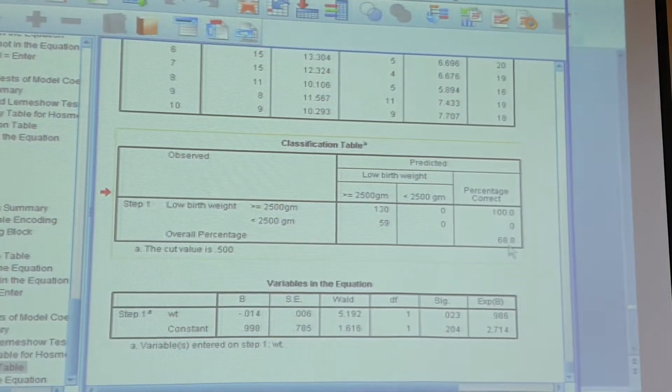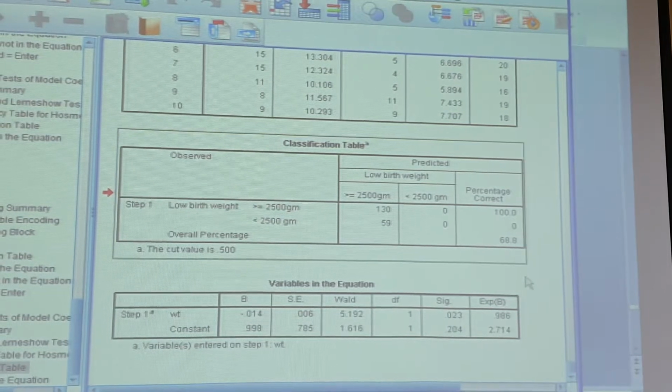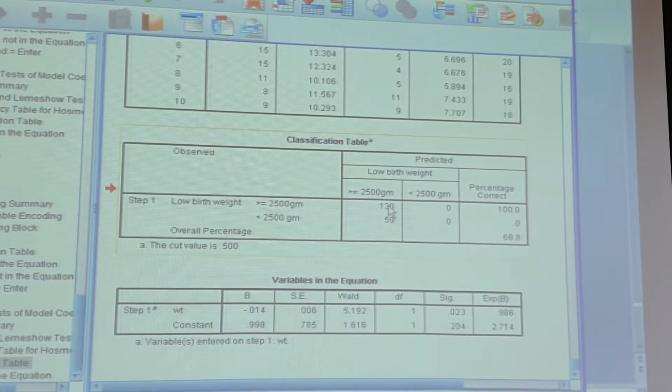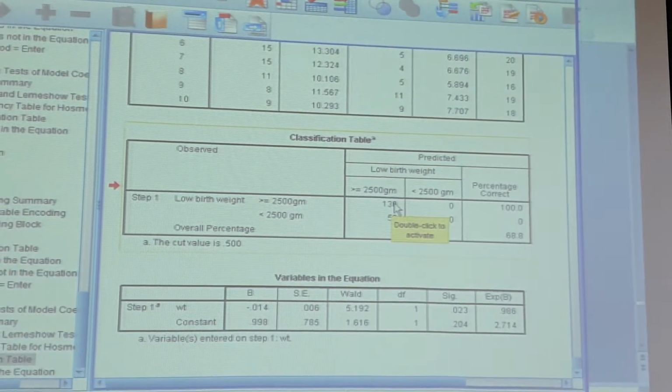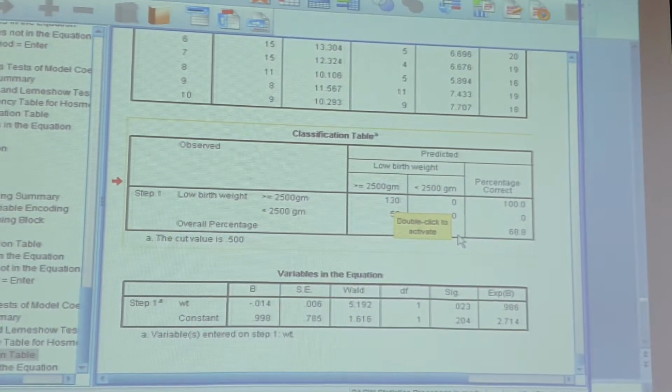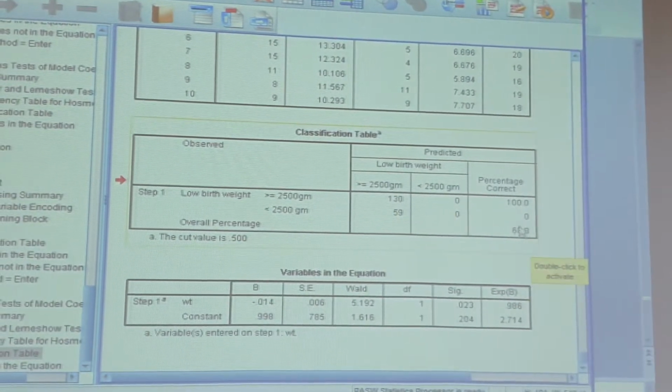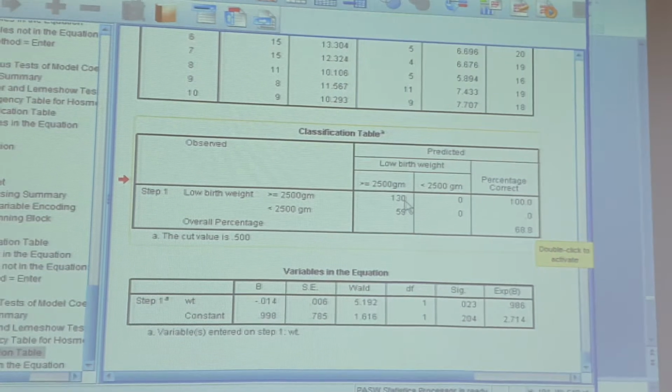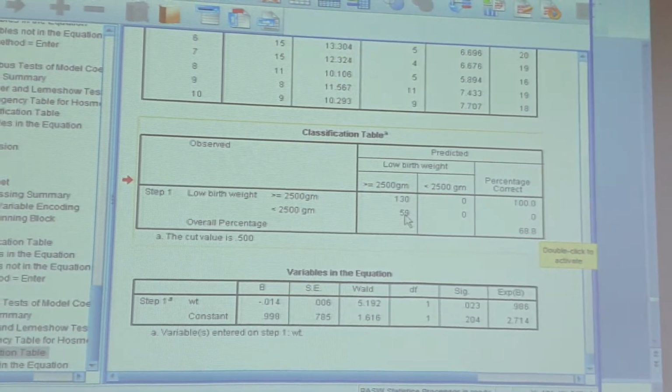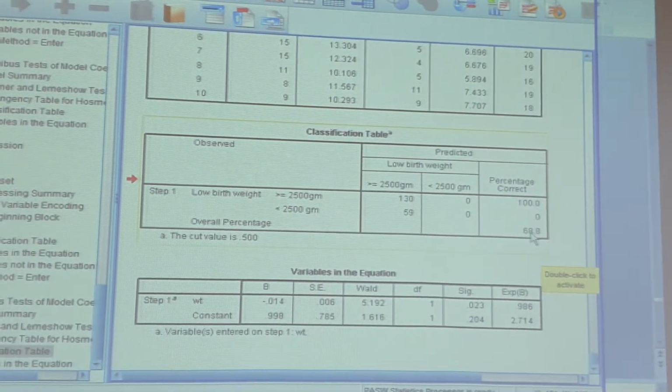It's about 68.8. 68.8 is the right predictions over the total. So it's going to be 130 over 189. We got 68.